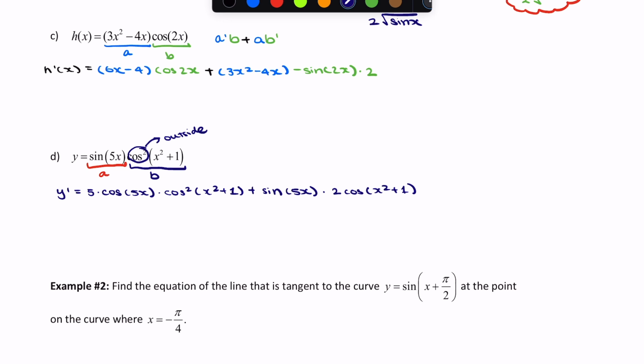And then we also have to multiply by the inside. So the inside is considered, again, cos x squared plus 1. So here we have minus sine x squared plus 1. And then we have to derive the inside again. So the inside of x squared plus 1, which is 2x.